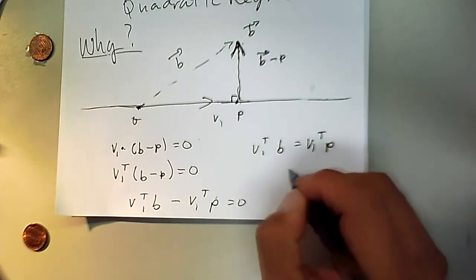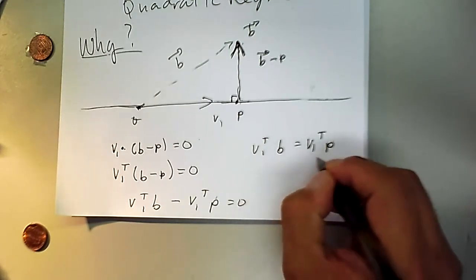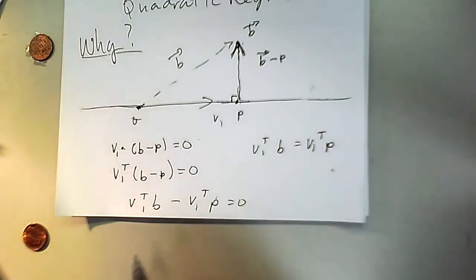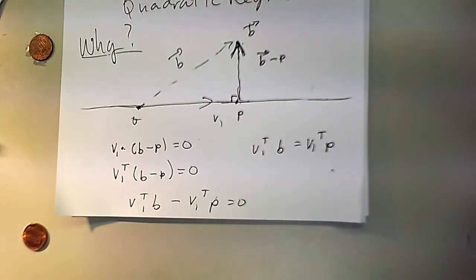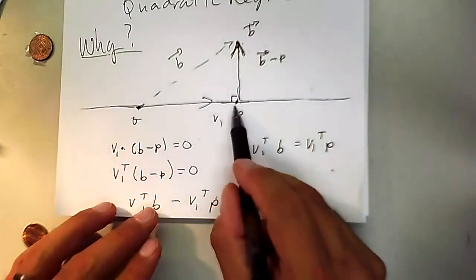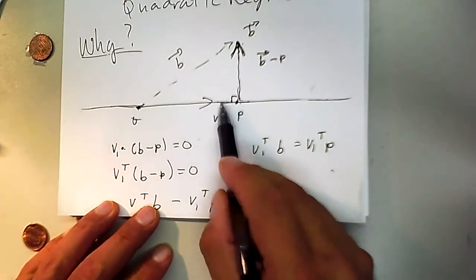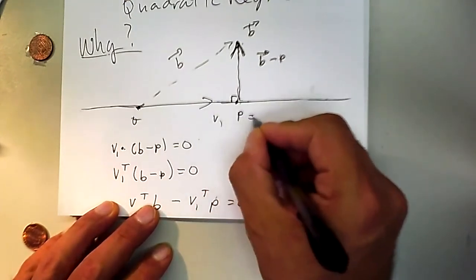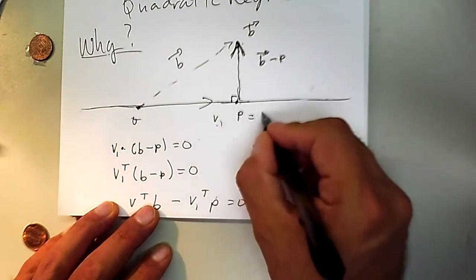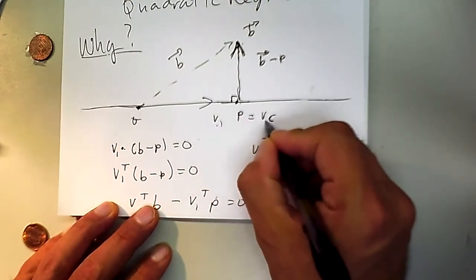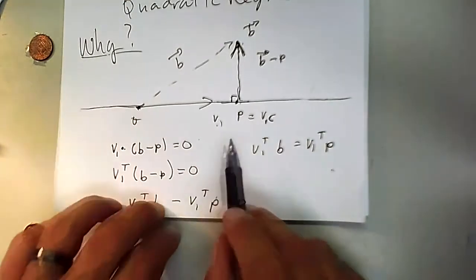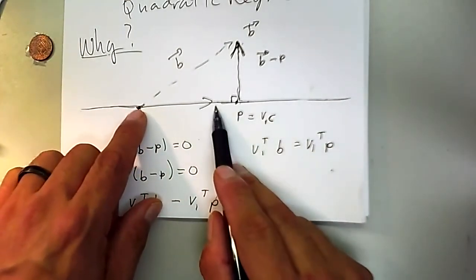And then I'm missing one quick equation. What I'm missing is that this P is not necessarily right here on V1. They don't coincide. So this P is really V1 times some constant, a stretch or a shrink of V1.